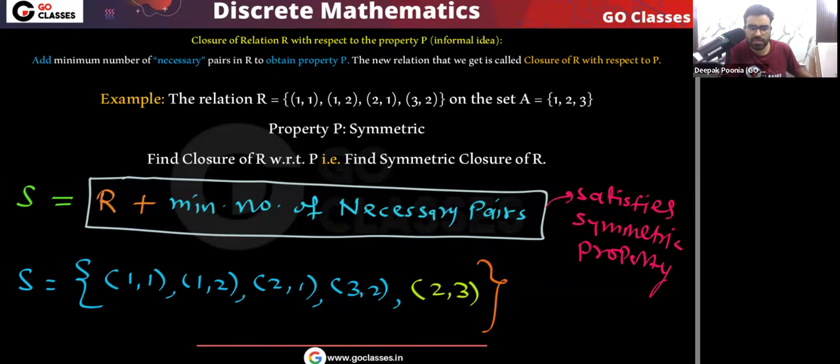I have added the minimum number of necessary pairs such that symmetric property is satisfied. So I can say that this S is the symmetric closure of R. That's it. This is the answer. I hope you understood. Very simple.